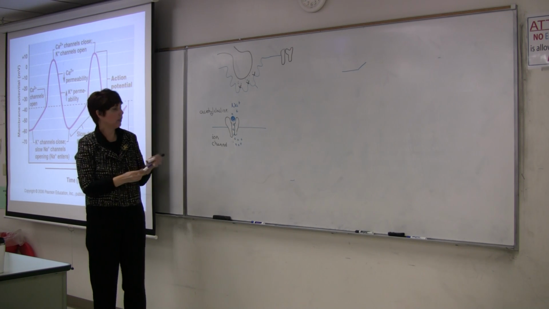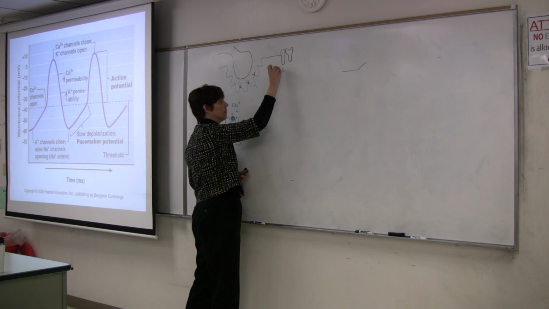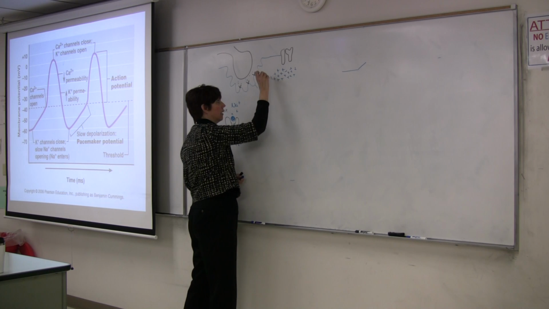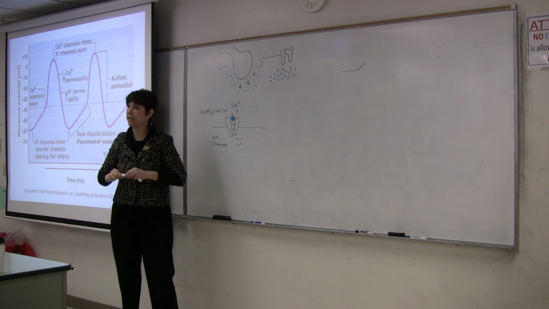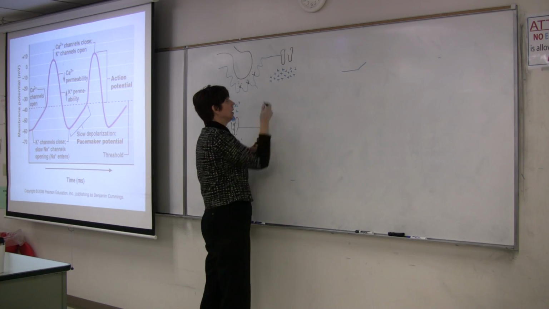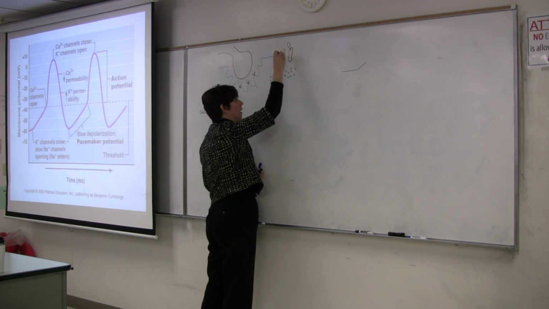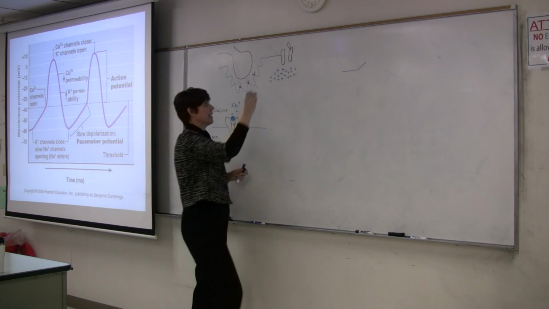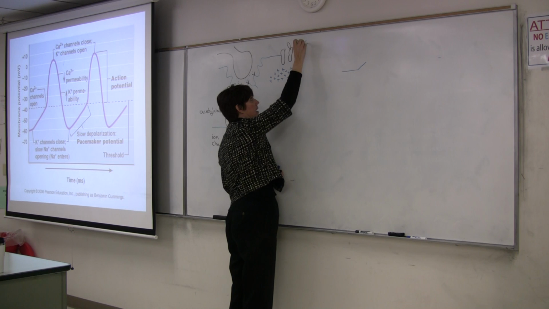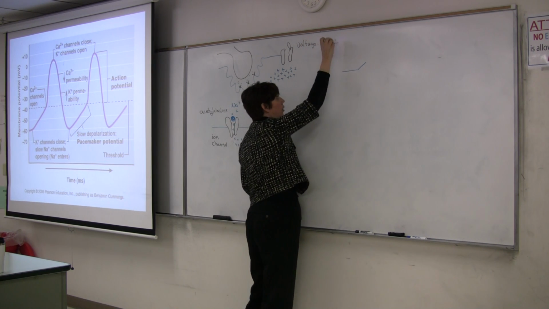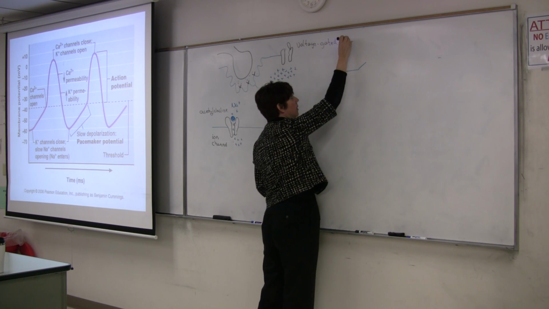And it will only open if the current, or the flow of charged particles going by it, is of sufficient strength. I'm not drawing both activation and inactivation gates, I'm kind of simplifying this. So this is a voltage-gated channel, sodium or potassium, and both of them are going to be effective.